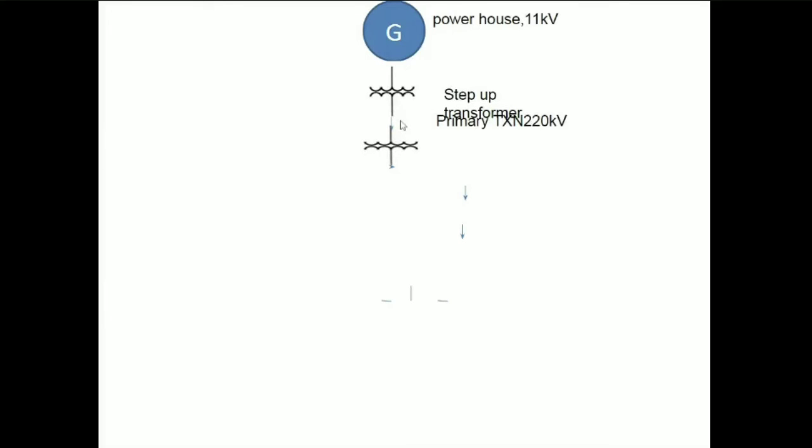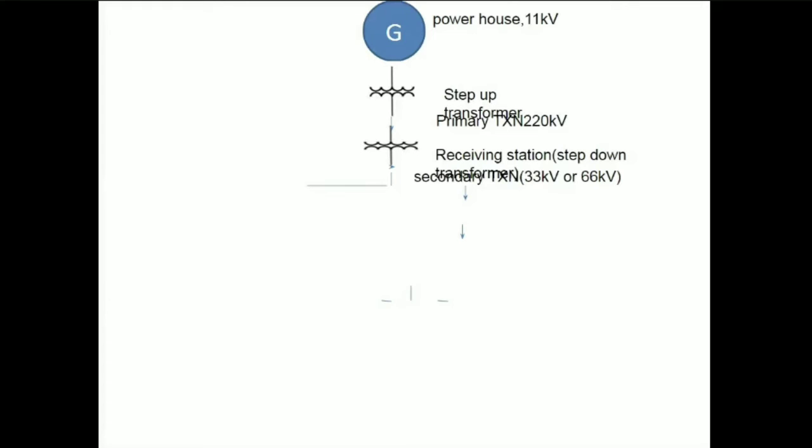Here the transmission voltage is at 220 kV. Then at the receiving station there is a step down transformer which steps down 220 kV to either 33 kV or 66 kV. Then we are having the secondary transmission. The voltage of secondary transmission usually will be 66 kV to 33 kV.